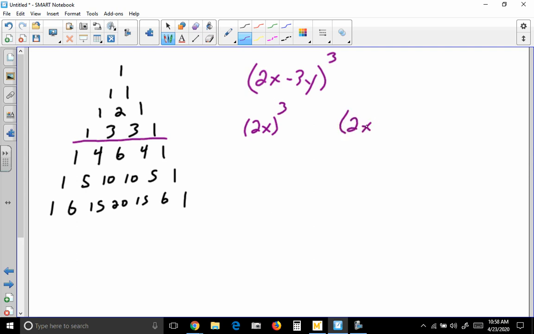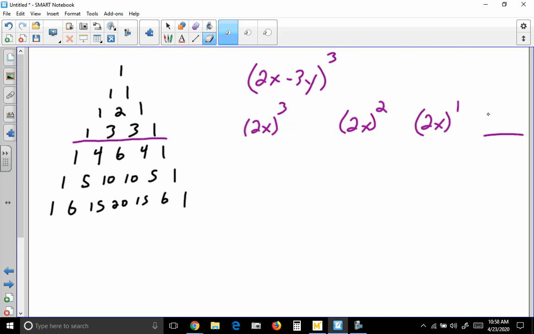cubed, the first term squared, the first term to the first, and then a term where we don't have the first one. Then we're going to get the second term. Oops, be careful. Let's start on the right.